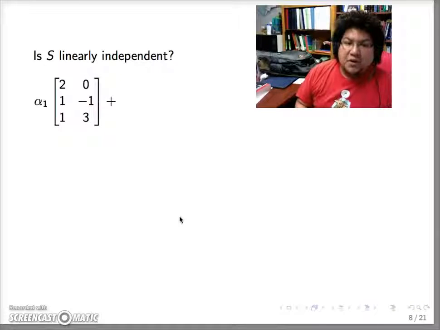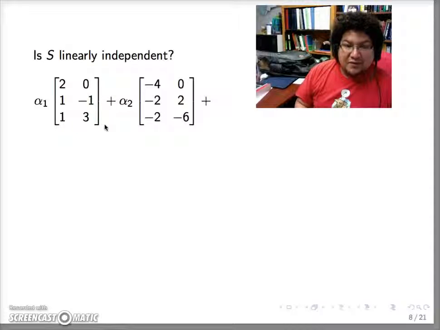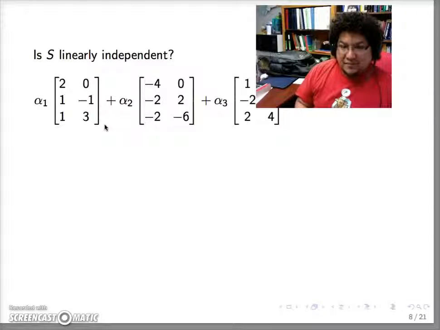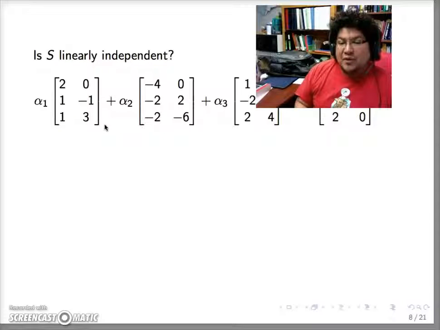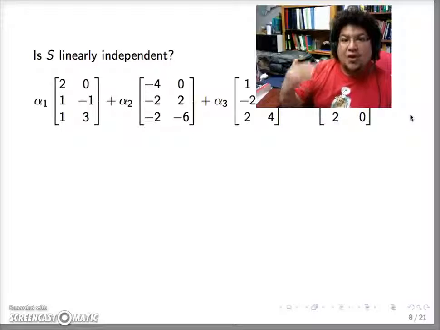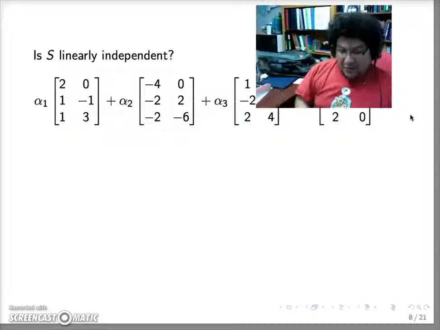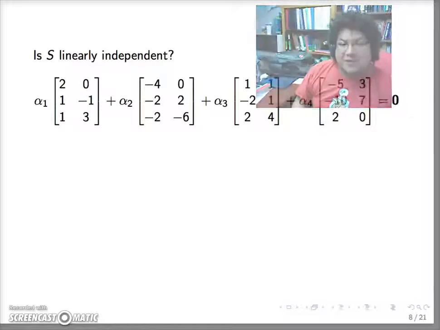In other words, we consider a scalar multiplied by the first element of that set, a scalar multiplied by the second element, a scalar multiplied by element number 3, and another scalar multiplied by the last one. This would be a relation of linear dependence provided that this equals the 0 vector in that vector space, and that would be the 0 matrix.